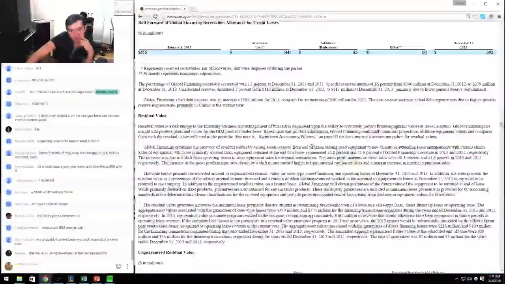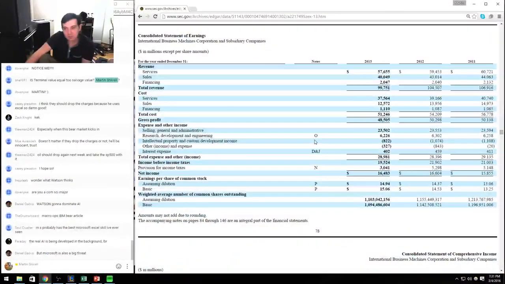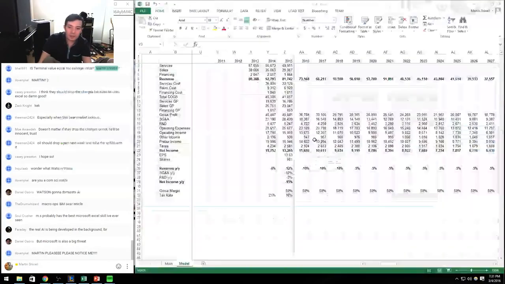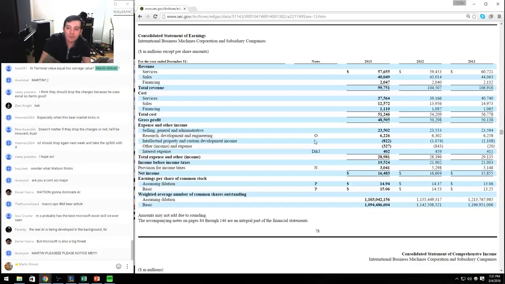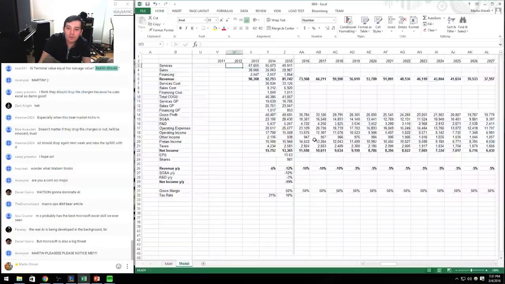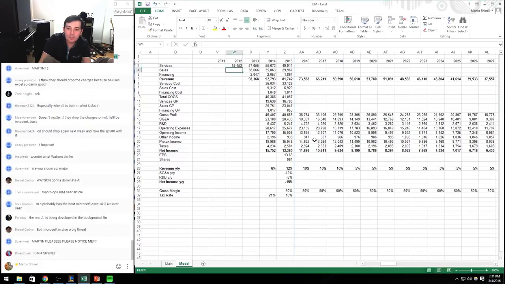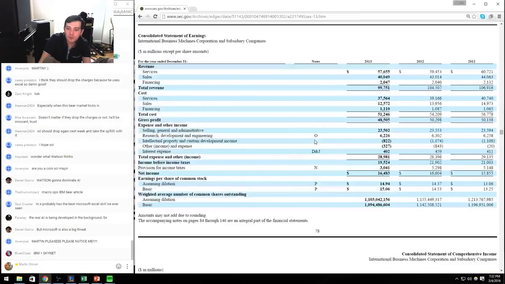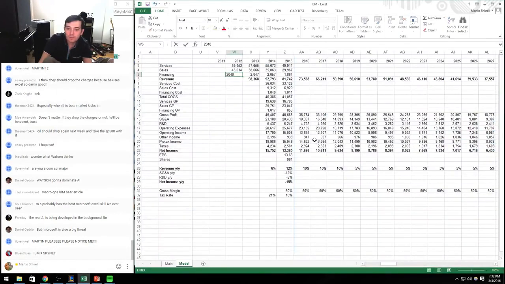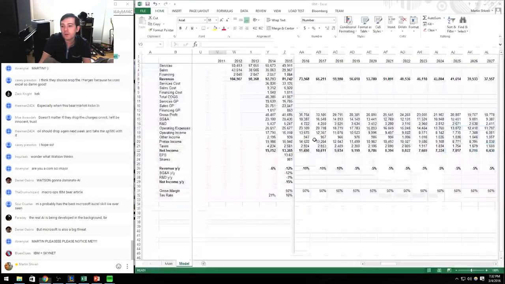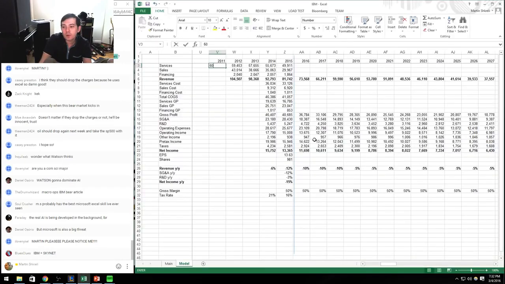Here it is. All right. They discontinued some operations. That's why these numbers don't look the same necessarily. They've been selling businesses, which is another reason why the revenue might be going down.